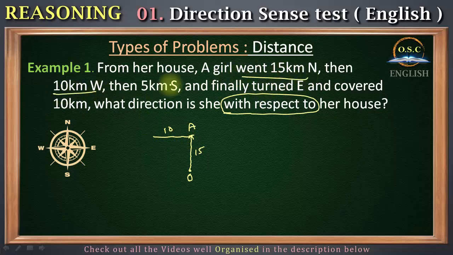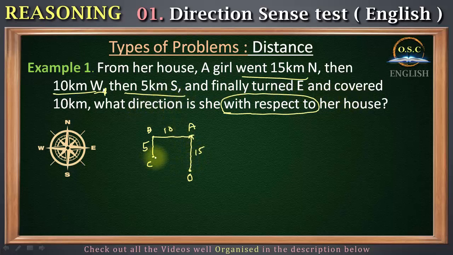So now we have considered these two aspects and we have established a chart till here. Then 5 kilometers towards the south. When she reaches here, the south direction will be to the bottom. So from here what she does is she travels 5 kilometers, okay, and she has reached the point. This is point B, this is point C. She has reached here, 5 kilometers south, and then finally turned east and covered 10 kilometers.